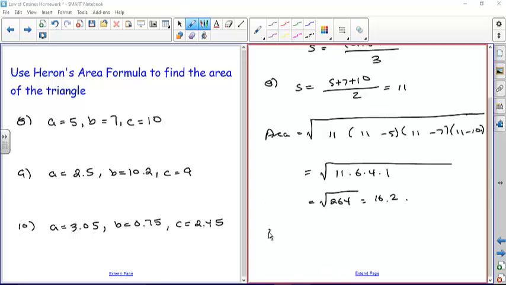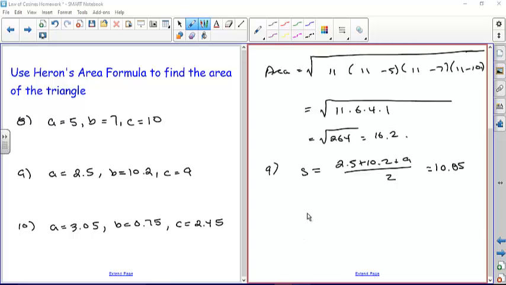Do the same thing for 9. Calculate S. That's 2.5 plus 10.2 plus 9 divided by 2. And that should be greater than any of the individual ones, which it is.